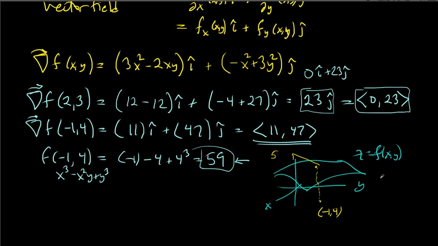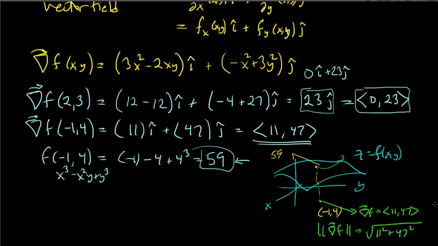So the gradient points in the direction of steepest ascent. If you want to go up the hill in the steepest way possible, take the gradient. And if you want the actual magnitude of that slope, you take the magnitude of the gradient, the square root of 11 squared plus 47 squared.